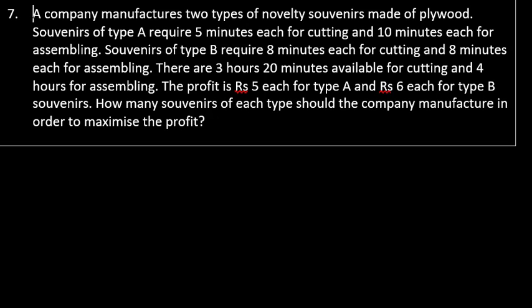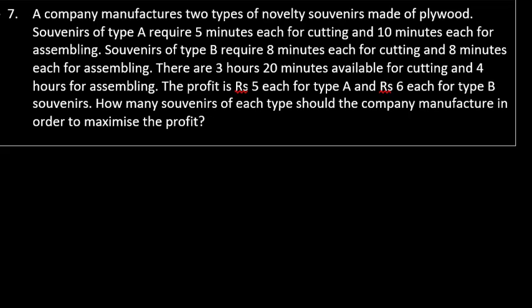Now let us see the 7th question. A company manufactures two types of novelty souvenirs made of plywood. Souvenir of type A requires 5 minutes each for cutting and 10 minutes each for assembling, and souvenir of type B requires 8 minutes each for cutting and 8 minutes each for assembling.